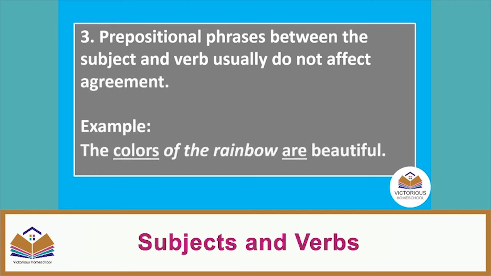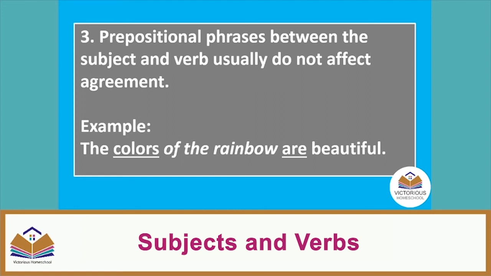For example, you say the colors of the rainbow are beautiful. Again, of the rainbow is a prepositional phrase, so don't mind it. It does not affect your subject and your verb. So in this case, your subject is plural colors, and therefore your verb should also be plural, which is are.